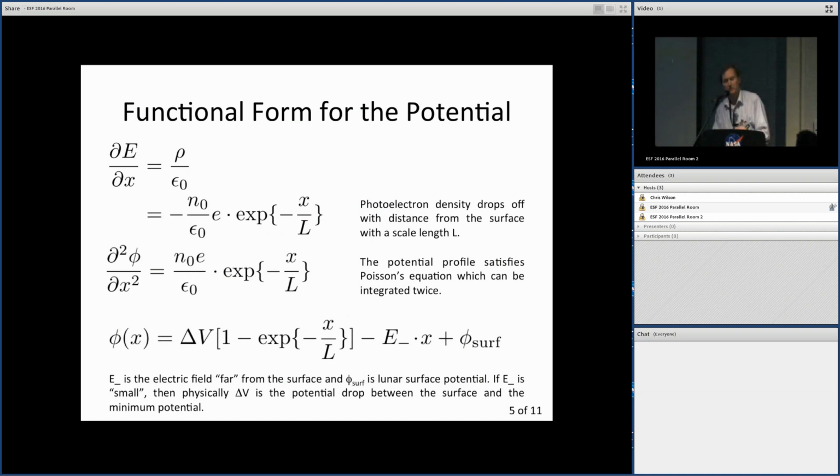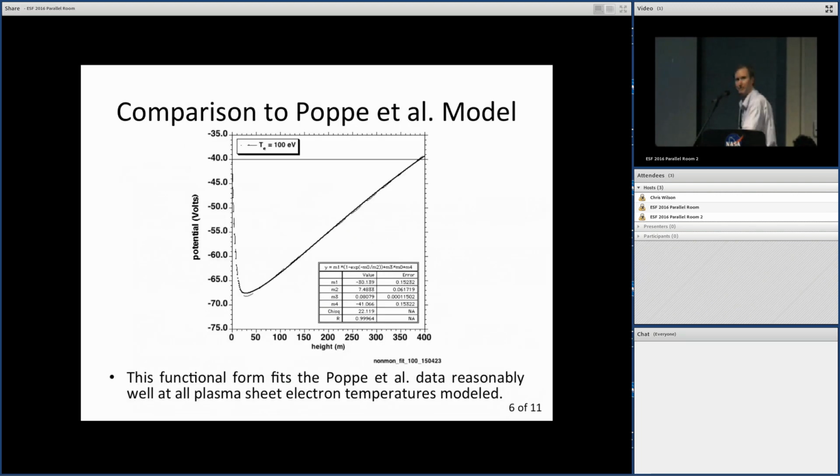That is the difference between the lunar surface potential and the minimum potential. As I mentioned earlier, L is the photoelectron density scale length. E minus is the electric field far from the lunar surface. And finally, phi sub surf is the lunar surface potential.